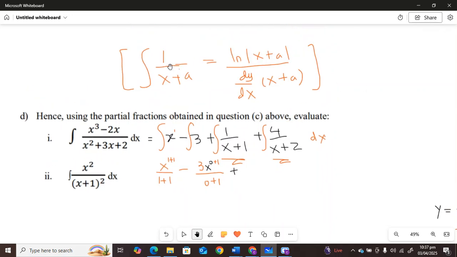The integral of 1 over x plus a equals the natural log of x plus a divided by the derivative of x plus a. So basically, the denominator, we attach a natural log to it. And again, the denominator, we're going to derive it.